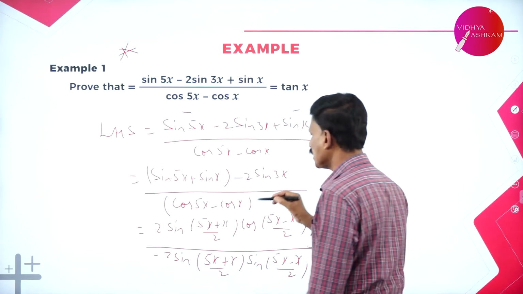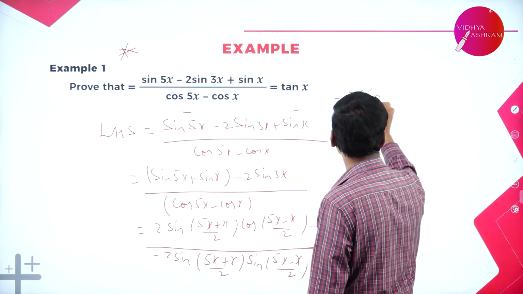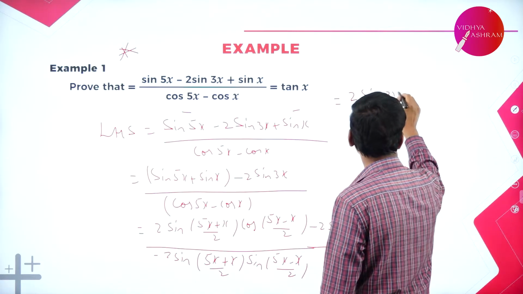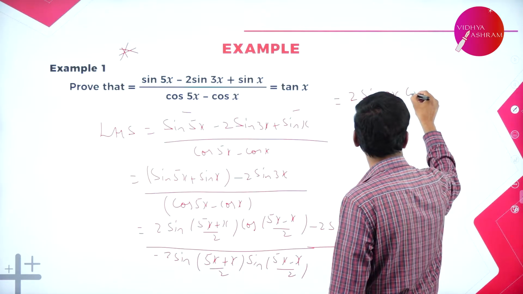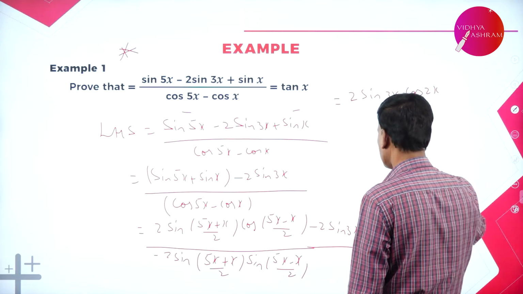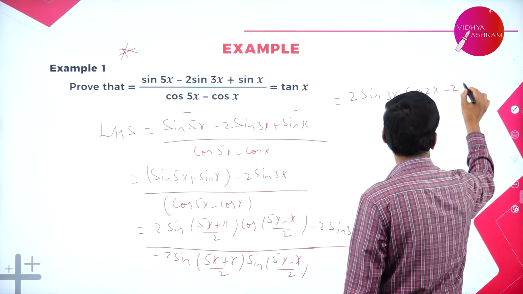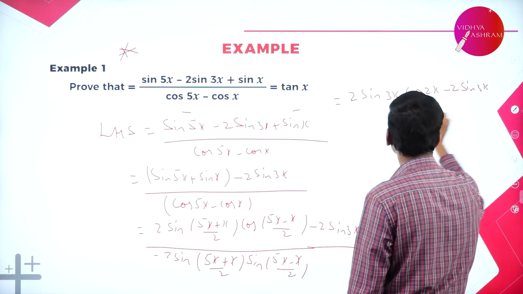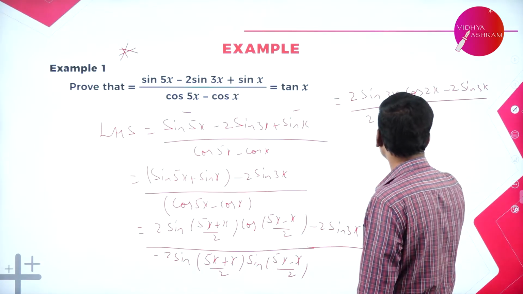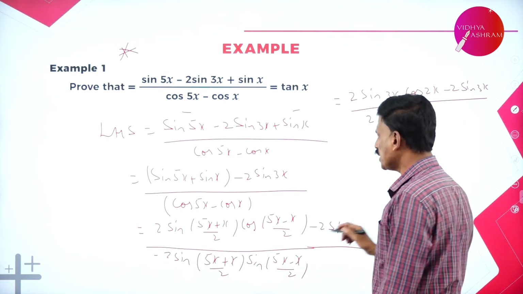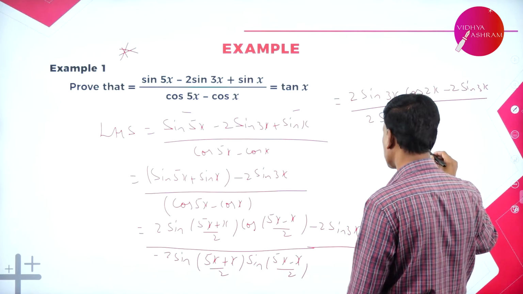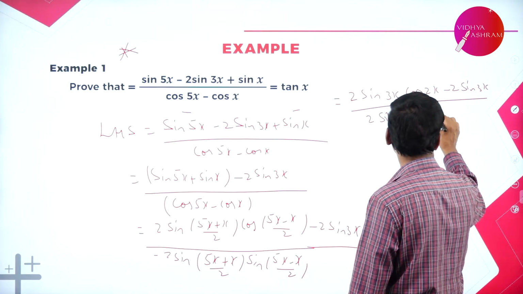So this can be written as, in the numerator, 2 sin, now 5x plus x is 6x by 2 is 3x, sin 3x into cos of 5x minus x is 4x by 2 is 2x, and this minus 2 sin 3x as it is, right, divided by, in the denominator, we can write 2 sin of 5 plus 1 is 6x by 2 is 3x into sin of 5x minus x is 4x by 2, sin 2x.